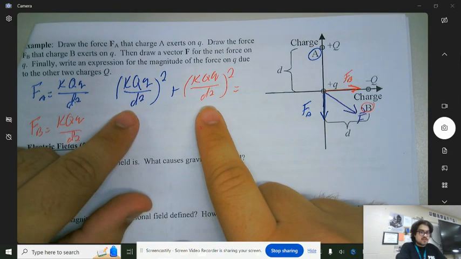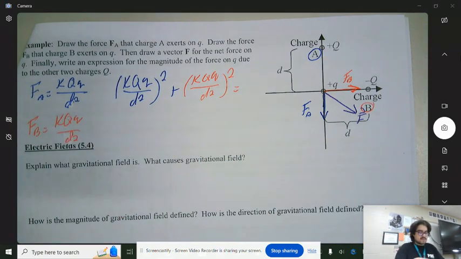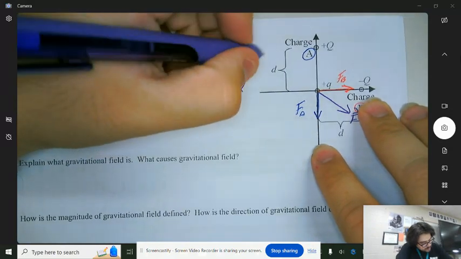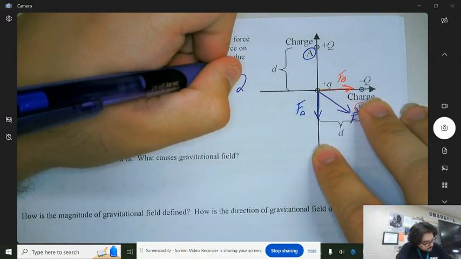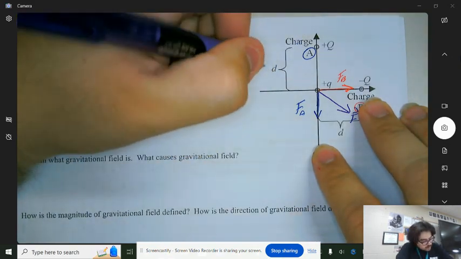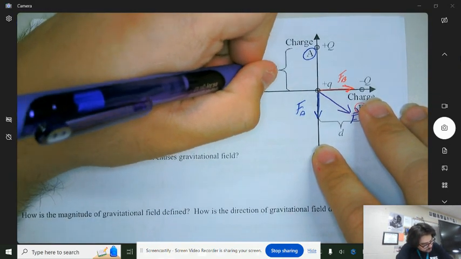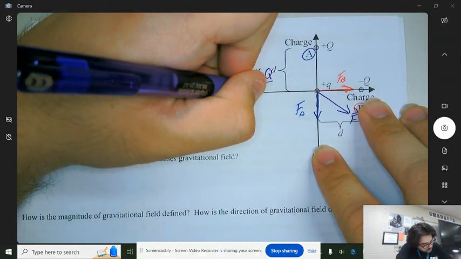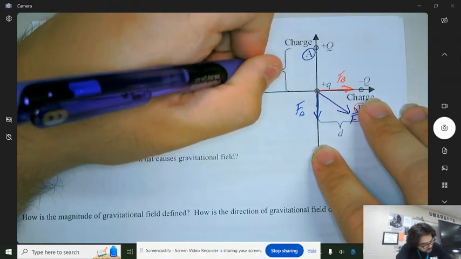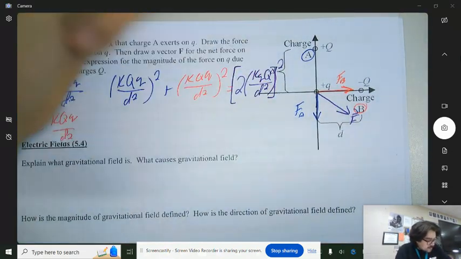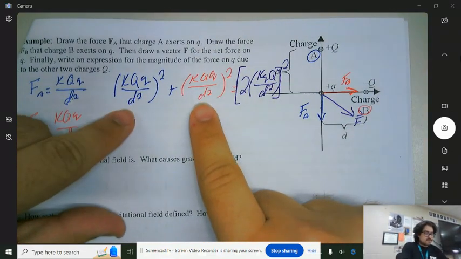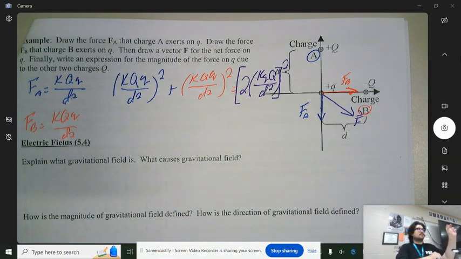These two are the same expression. This is the same thing as saying 2 K little q big Q over D squared, and that whole thing is squared. That makes sense because these two expressions are identical, so you're just taking one expression plus the same expression, so it's 2 times that expression.